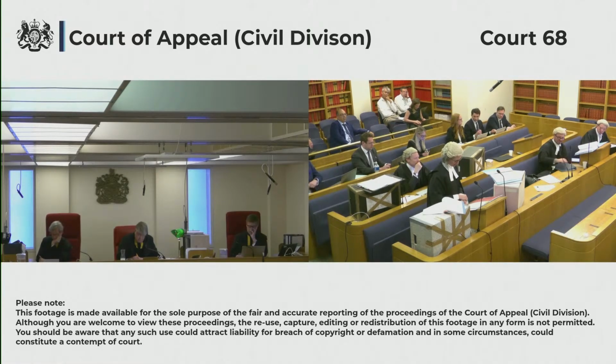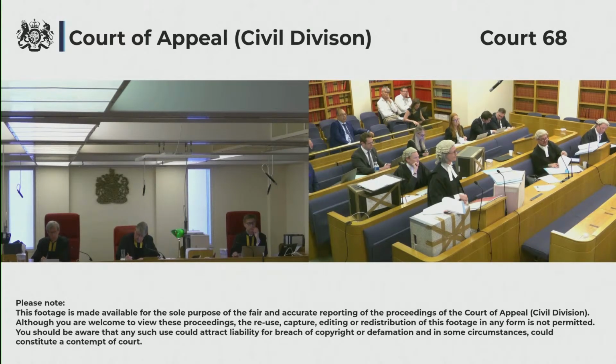I agree, my lord, but it's not said that the judge erred in his findings that these were not examples of evidence of confusion. Yeah, but this is the point that comes up repeatedly in this context, which is evidence may not be evidence of actual confusion, but may nevertheless be evidence of a propensity for confusion or a risk of confusion.